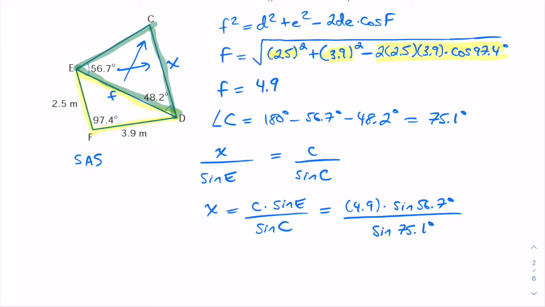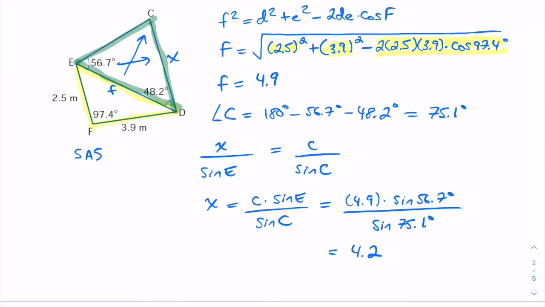Alrighty, so working this on your calculator, you should get approximately 4.2. Alright, so therefore the length of side CD is 4.2. In this case, it would be meters, just keeping with the same units from before.